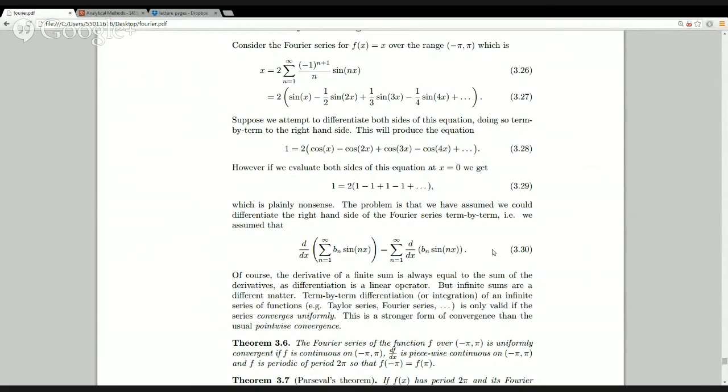Let's label them f_n of x. So we have a sum of different functions, just as here we have a sum of the sines. There's nothing wrong with this in a finite setting, because this is just the extension of the linearity of the derivative.